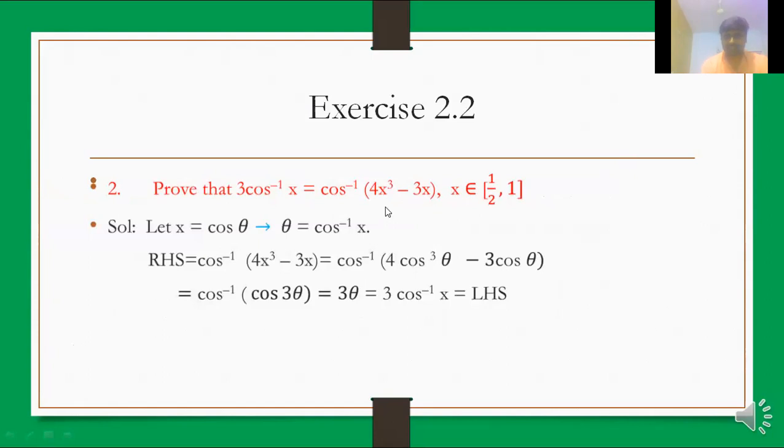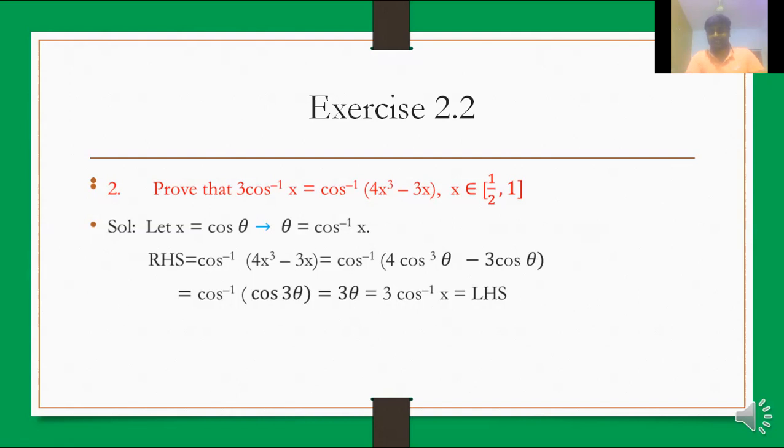So here, 2 cos inverse x or 3 cos inverse x? 3 cos inverse x. Whenever you have 3 sin inverse x or 3 cos inverse x or 3 tan inverse x, we will get these formulas from 3x. Okay. In the previous formula, 2 tan inverse x, the formula was for 2 theta, here it is 3 theta.